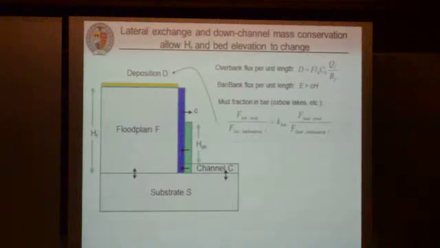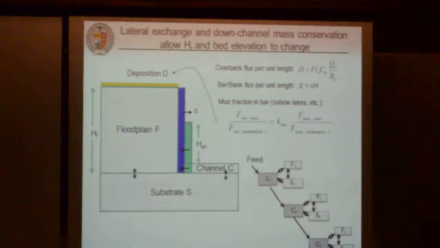You can have drapes of mud on the bars. You can have chutes that scour and then fill with fines and so on. So we wanted a factor that allowed mud to accumulate in the bar as well. So this is that factor. If K approaches infinity, it would be all mud. And if it approaches 0, it would be all bar material.